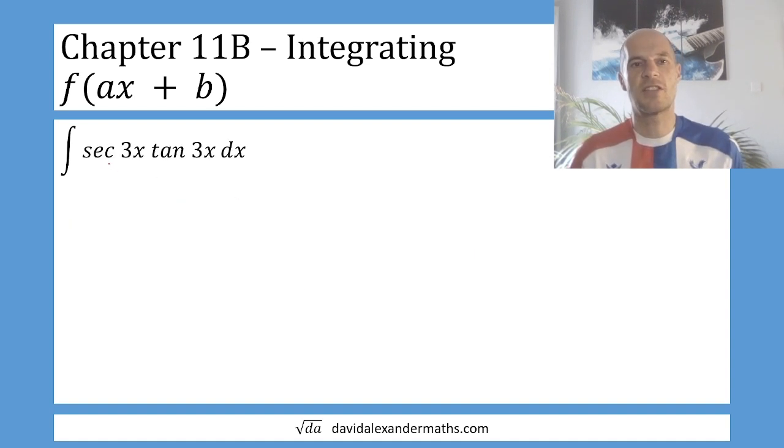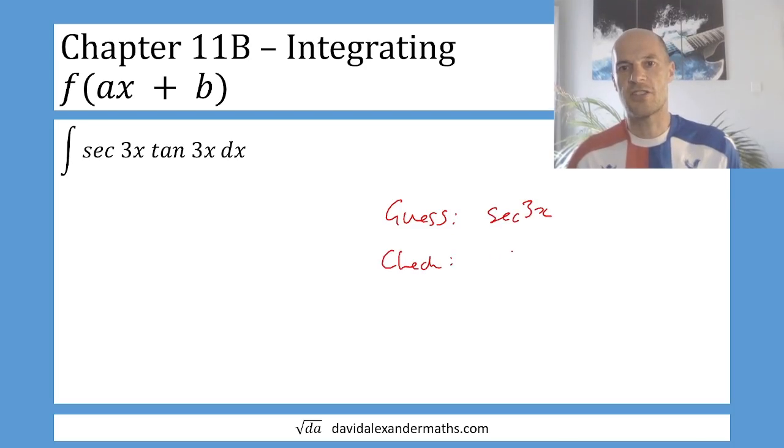Okay, so let's look at this one. What differentiates to sec 3x tan 3x? Well, we know that sec goes to sec tan, so let's perform our guess of sec 3x. So let's perform our check. That is going to be sec 3x tan 3x multiplied by the derivative of 3x, which is 3.